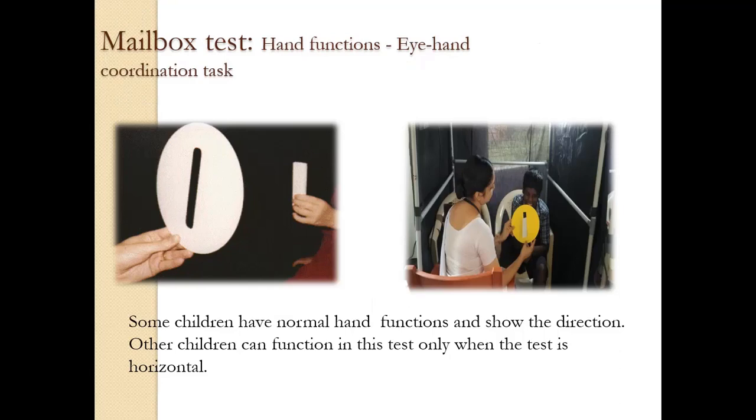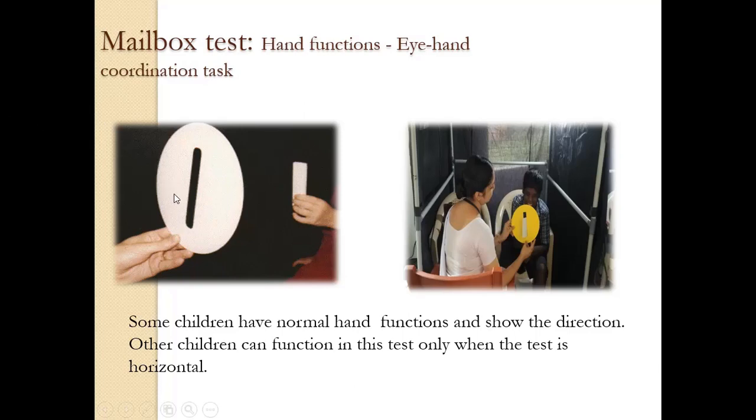And this is the mailbox. Usually a child with a sound brain, even if holding a small paper either horizontally or vertically, when coming near that object, changes the position according to how the gap is. So it is like a post box. The child has to put that paper inside that gap.